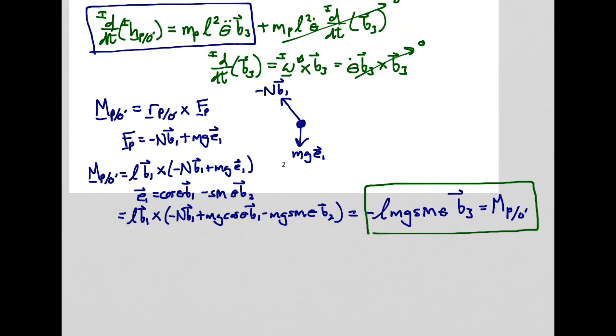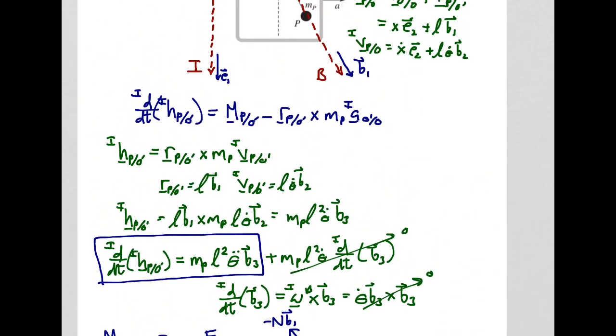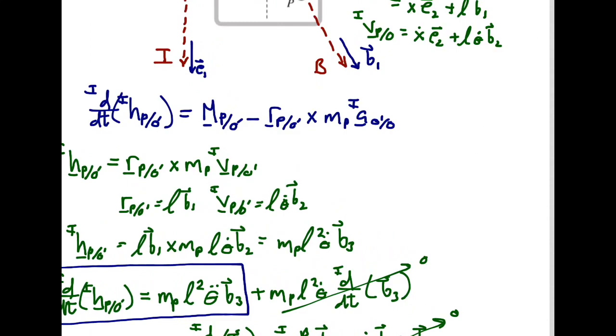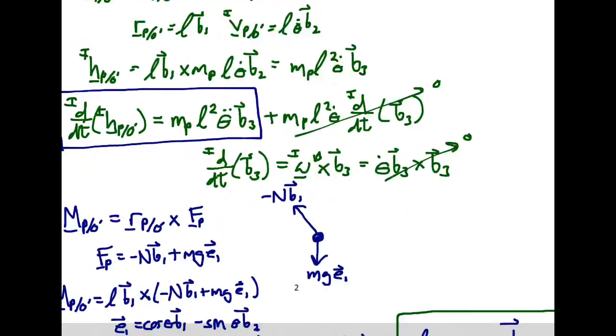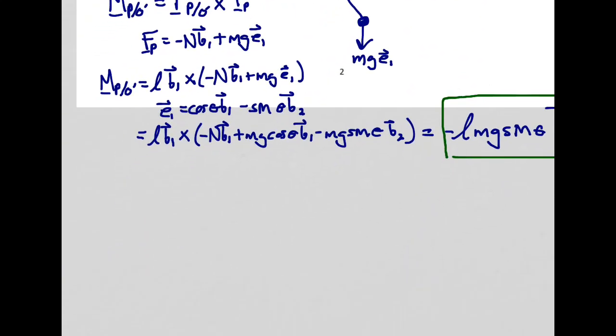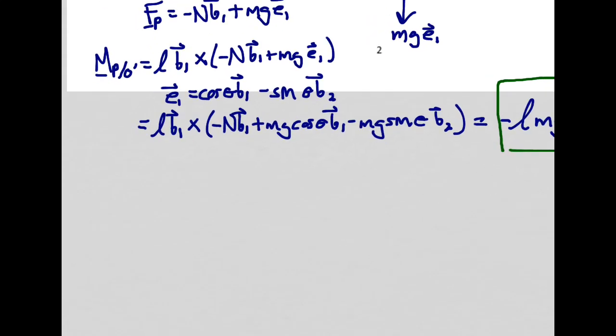Alright, that takes care of the moment on the right hand side of the equation. And so now let's get this inertial moment. The inertial moment is r of p with respect to O prime crossed with the mass of p multiplied times the acceleration of O prime with respect to an inertially fixed point as observed in the inertial reference frame.